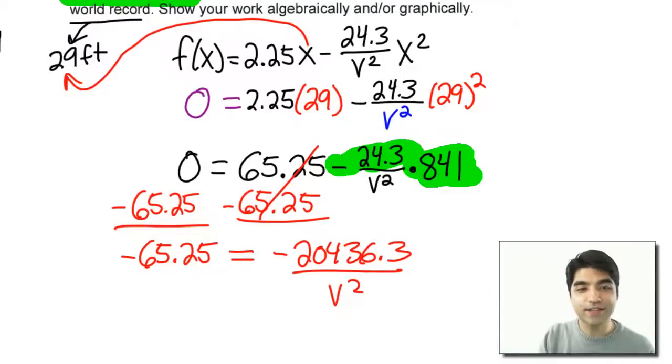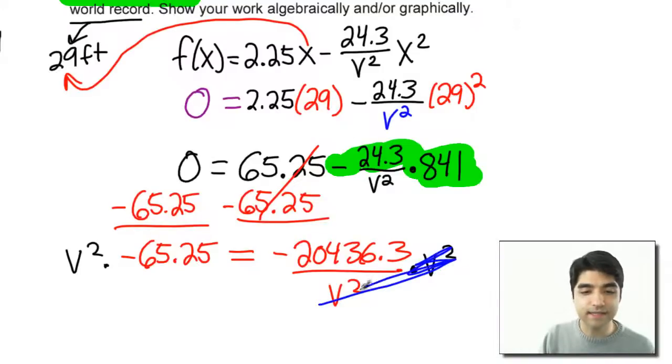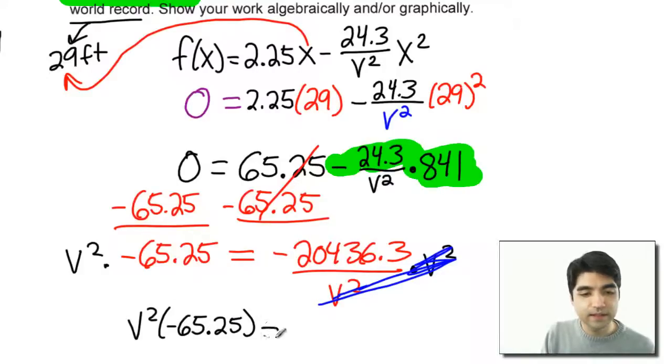Okay, so here's the trick on how to get this v squared off the bottom. We need to multiply by v squared on both sides, and then that will allow v squared to cancel out. So then on the left hand side we have v squared times negative 65.25, and then we still have this monster number on this side.